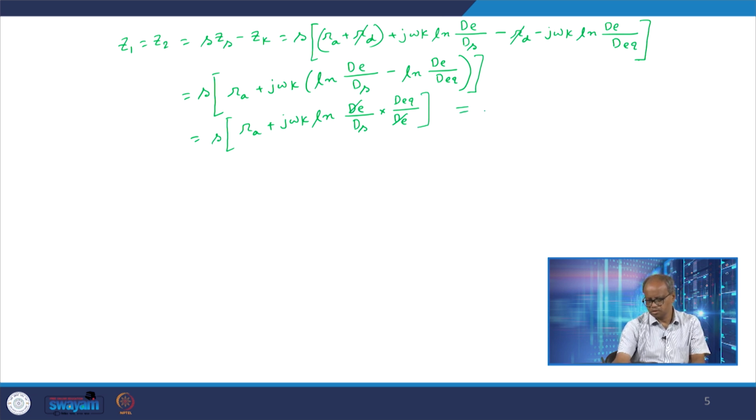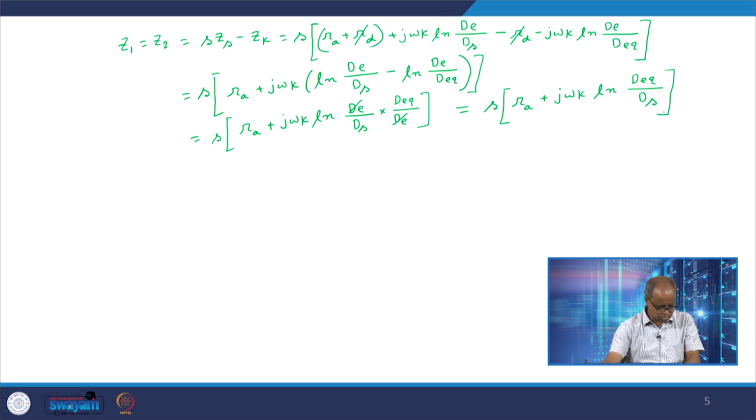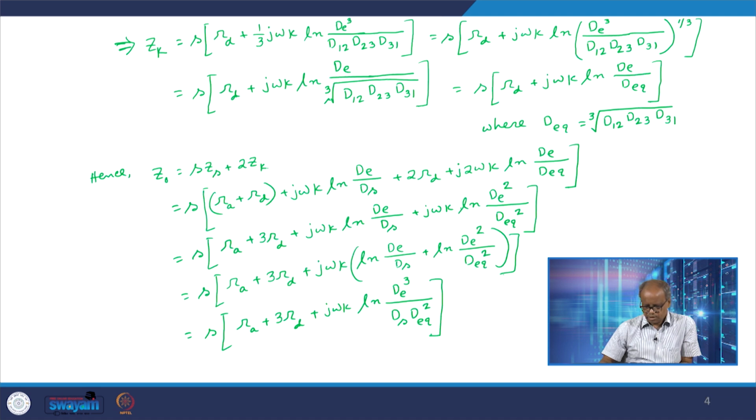In other words, s into Ra plus j omega k log dEq by ds. So this is the expression of Z1 and Z2.